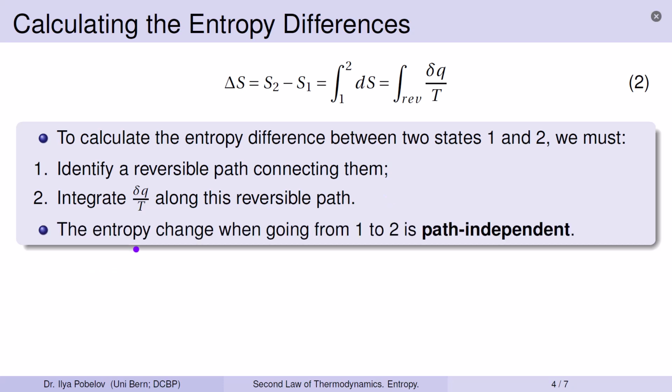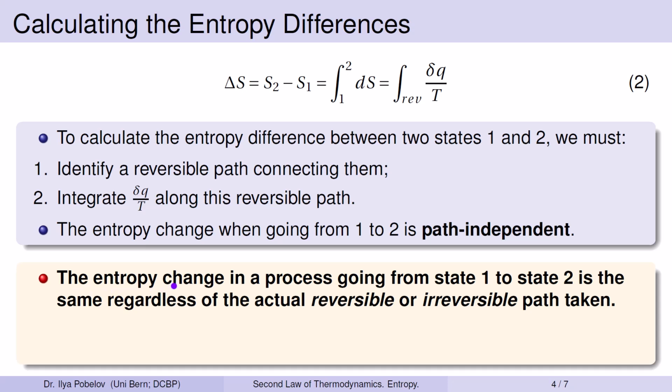As entropy is a state function, its change when going from state 1 to state 2 is path independent and remains the same regardless of the specific reversible path taken to perform the integration. Importantly, the change of the state function entropy in a process going from state 1 to state 2 is the same regardless of the actual path taken, be it reversible or irreversible.